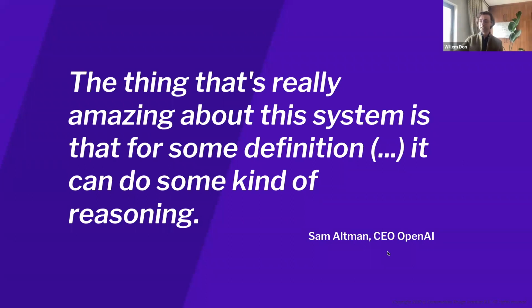You see there the parentheses with the three dots, and that's where he explains that, okay, it's some definition of reasoning, but it's obviously not nearly as good as humans. And you could even argue about the definition of reasoning, right? Is being able to summarize a text half decently reasoning? My point is that I agree, it is a form of reasoning.